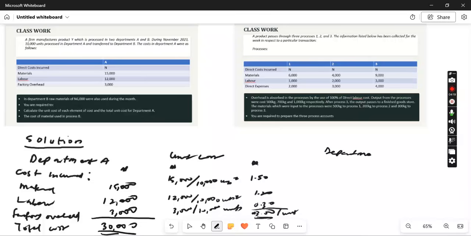Now, we should know that for department B, this total cost here is the output. This is the output.